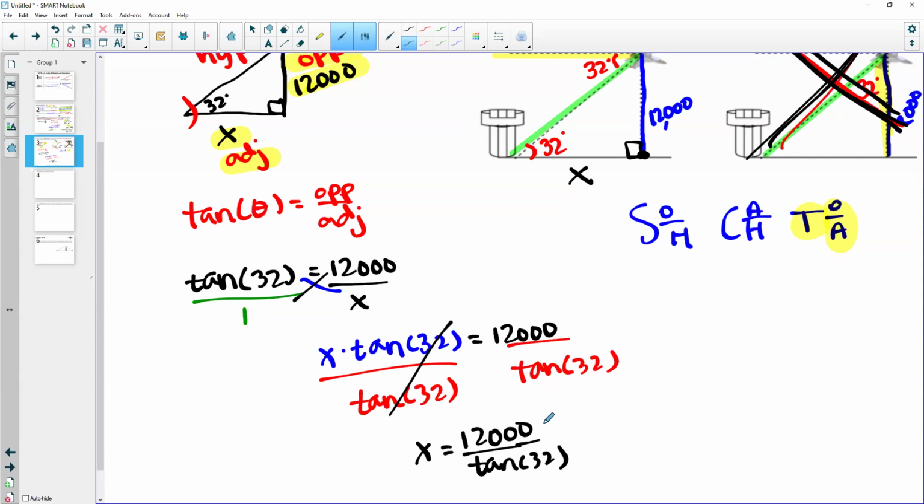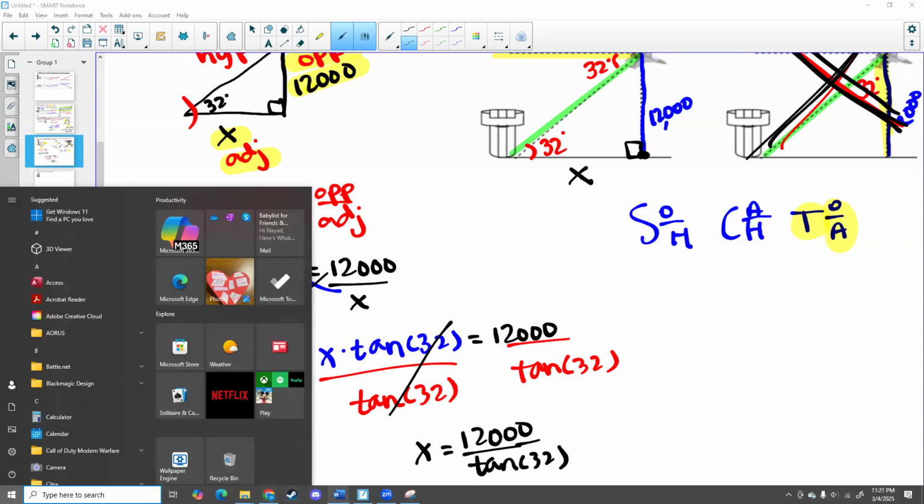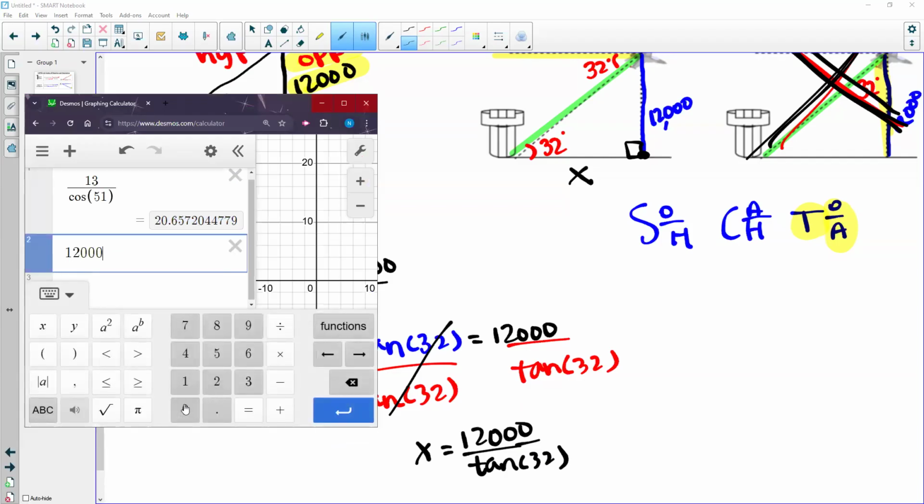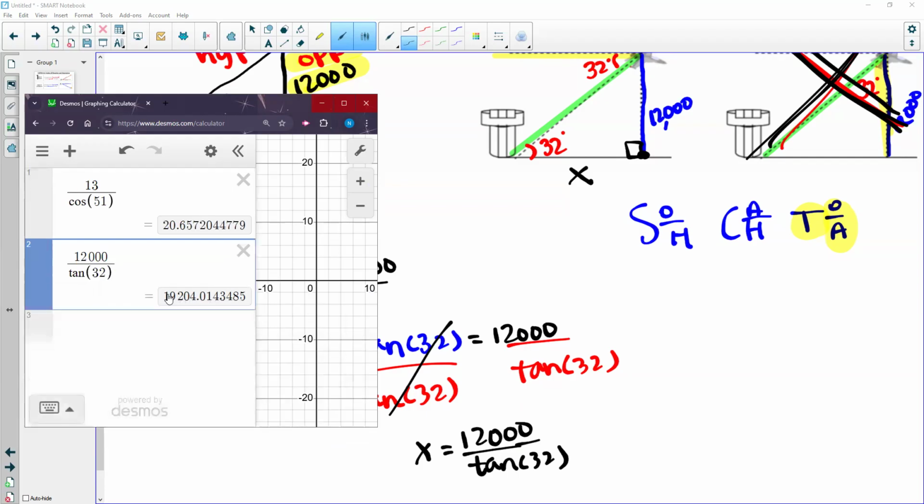So pull our calculator up here. We have 12,000 divided by tangent of 32. Typing that in, and there we are. Here's our answer. We're going to round our answer to the nearest 2 decimal places every single time. So here are 2 numbers after the decimal. You look at the next number. That next number is not 5 or more, so it's not going to round up.